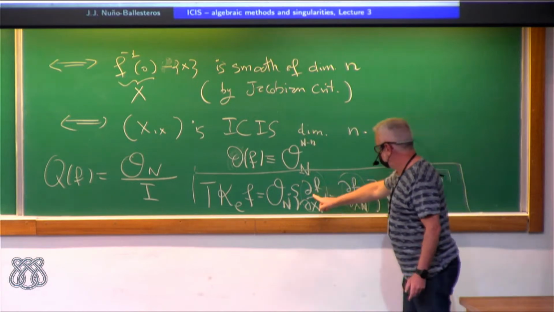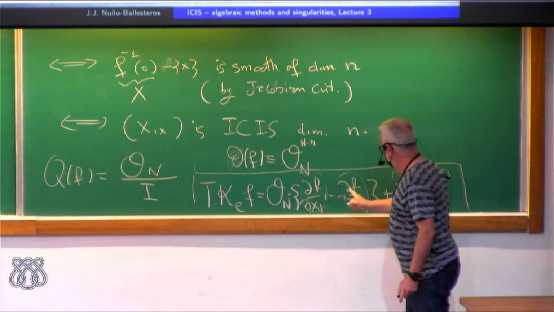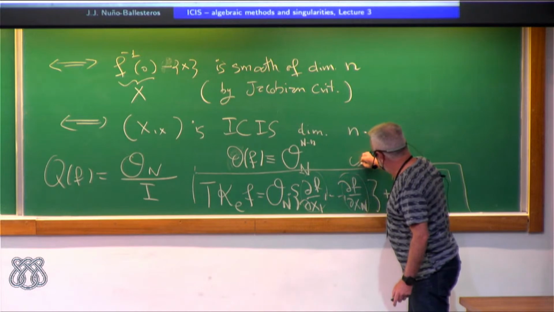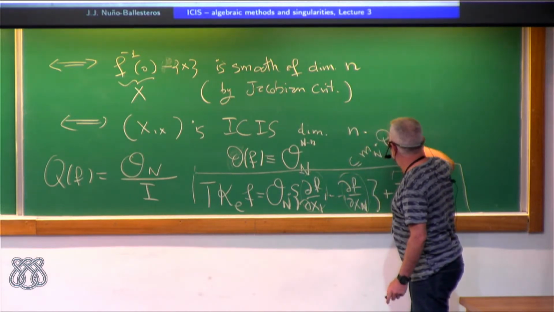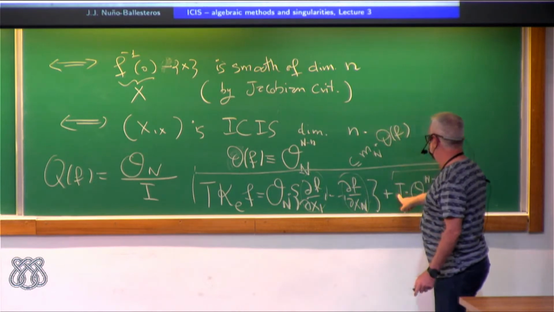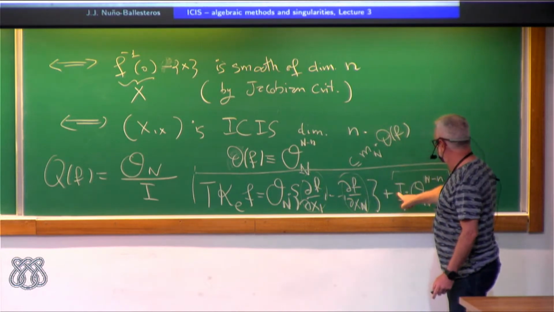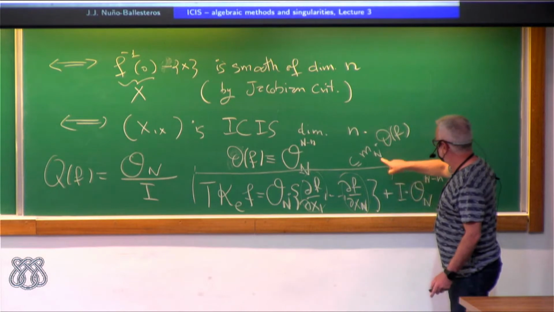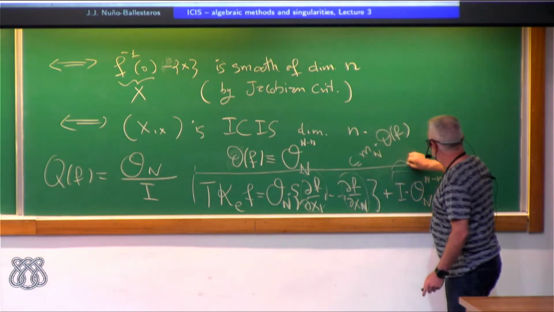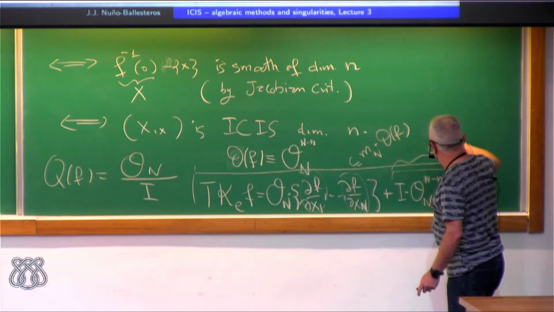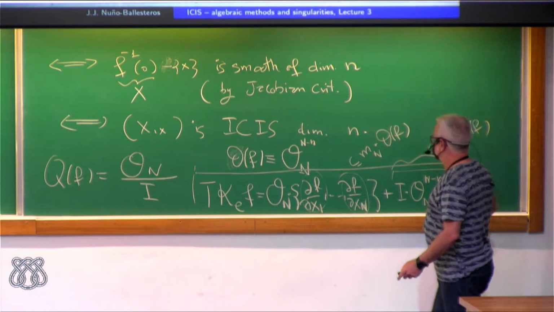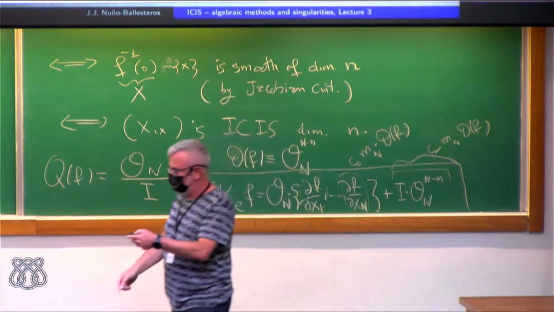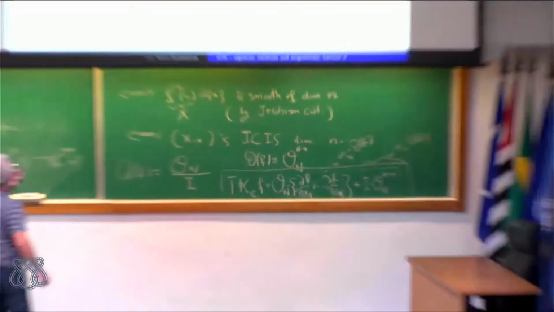So all these partial derivatives are included in the maximal ideal times theta f. And the same happens here: all the functions f_i belong to this ideal. So this also belongs to m_n times theta f. So when f has rank 0, we have this inclusion here.